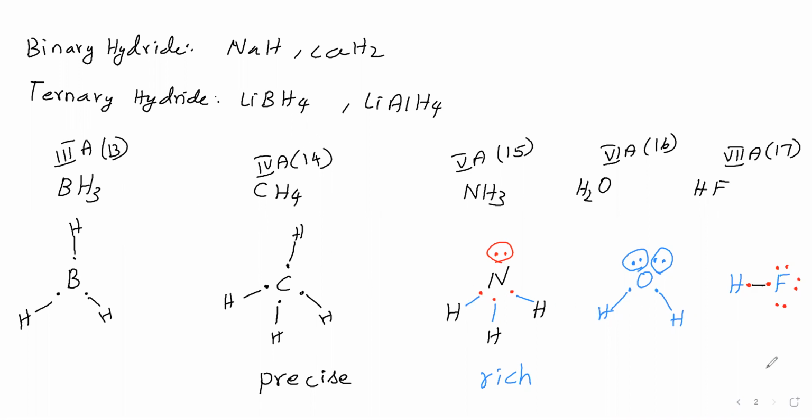Next we will go for metallic hydrides. D block elements and F block elements form metallic hydrides. Which D block elements form metallic hydrides, that we'll see. Group 3 we will take. In group 3, scandium, yttrium, lanthanum, then actinium form metallic hydrides.